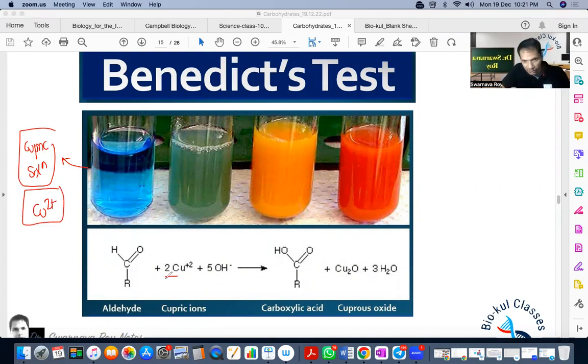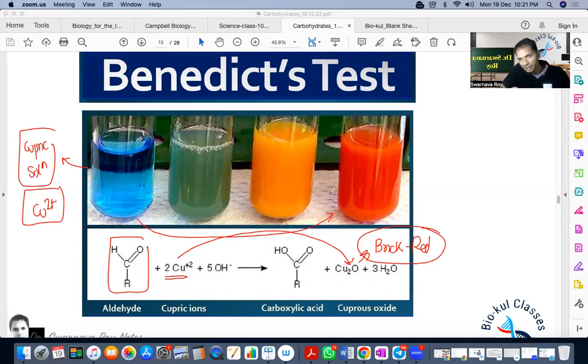When we add this Benedict's reagent to a reducing sugar, which has a free anomeric carbon, we see that this cupric is reduced to cuprous form, and this cuprous form gives a brick red color. So from blue, the Benedict's reagent changes into a brick red color. When this happens, we know that this sugar is a reducing sugar.